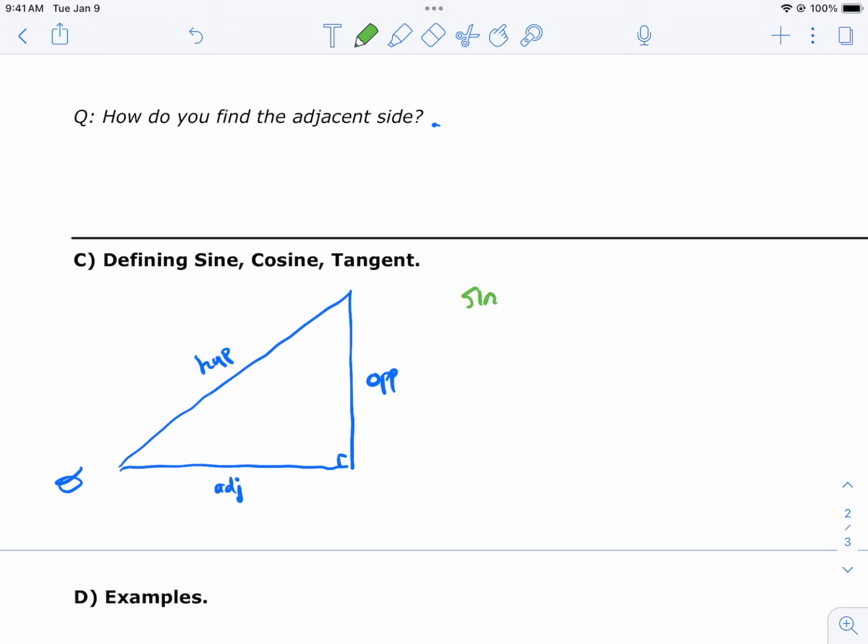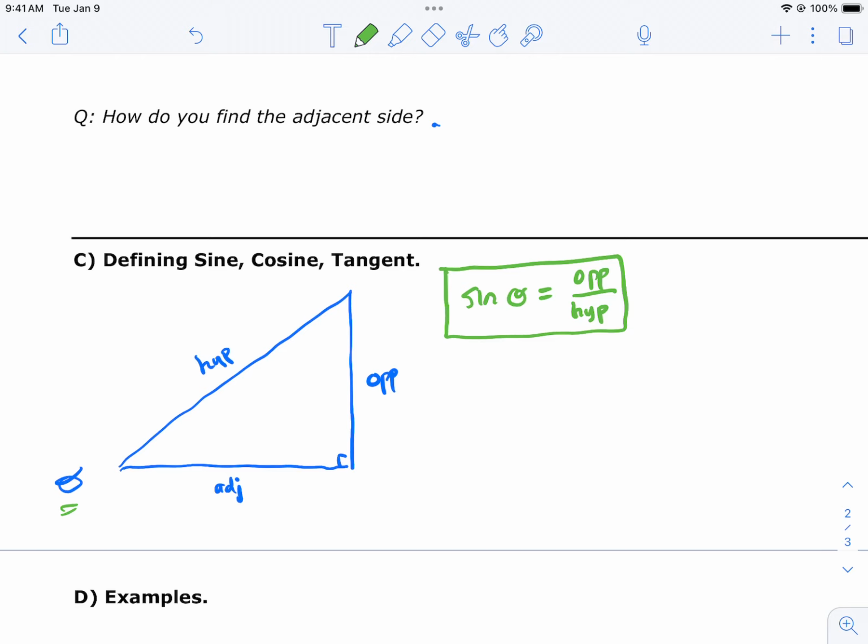The sine of some angle theta, again, the theta matters, because it tells you which side is opposite, is the opposite side divided by the hypotenuse. Okay, that is one of our three big trig ratios. The sine is going to be some number that's the ratio of the opposite over the hypotenuse.